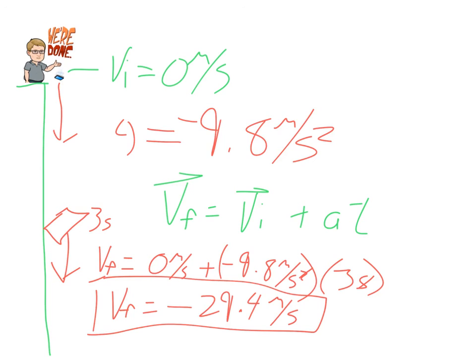But this becomes immensely powerful, even if I was to throw it upward. So let's say I took my phone and I threw it upward. As soon as it leaves my hand, I can't accelerate it upward anymore. So it's not going to be accelerated upward. It has an upward velocity, but it's going to be slowing down constantly, because the constant acceleration is going to be gravity.